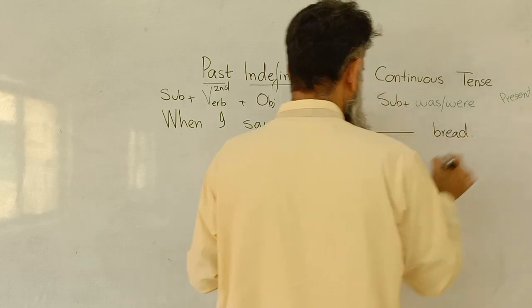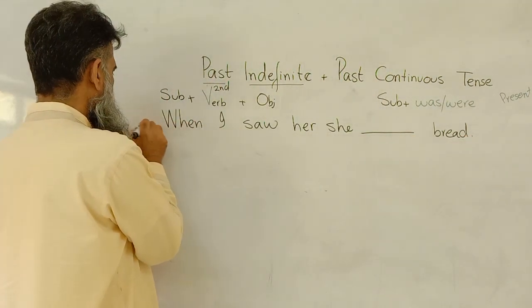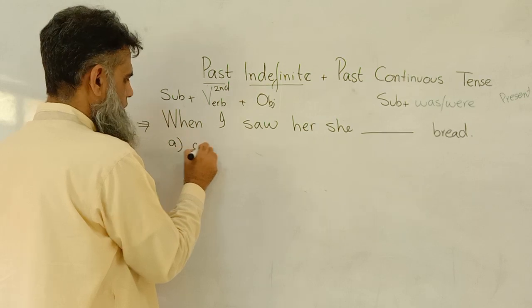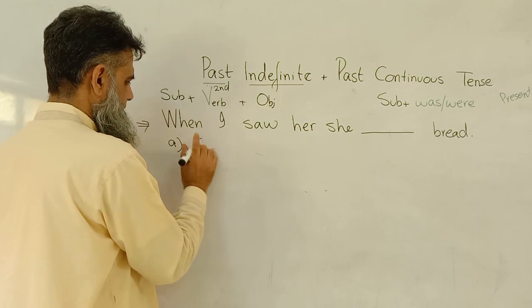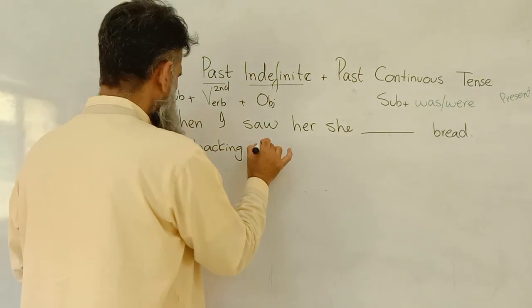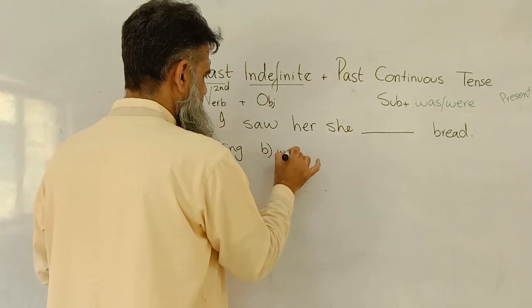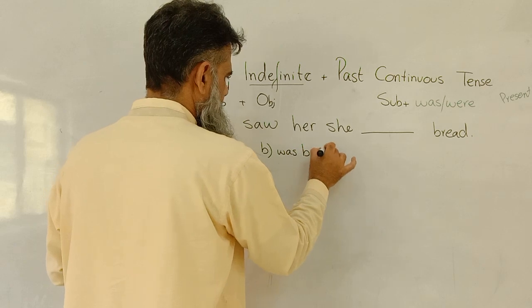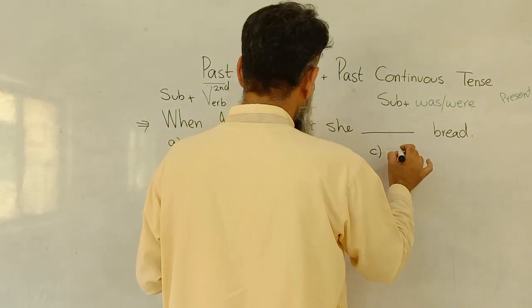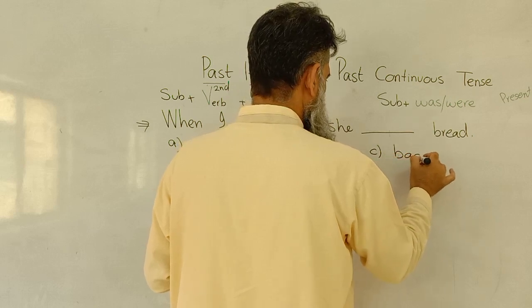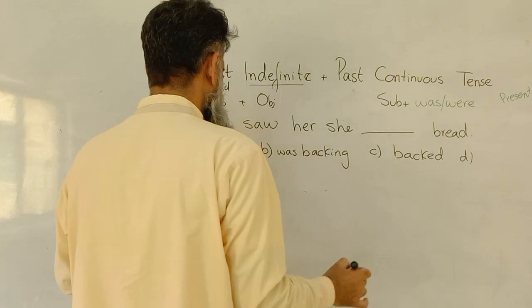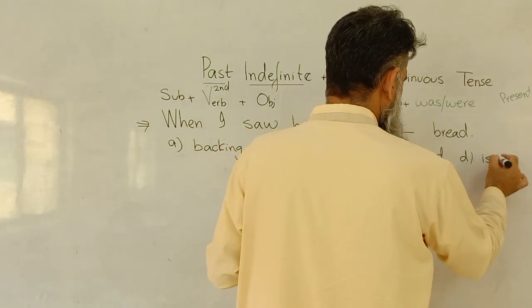So here we have when I saw her, and the options: alpha baking, beta was baking, charlie baked, and the last one delta is baking.